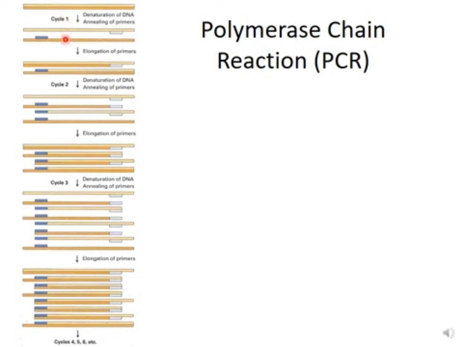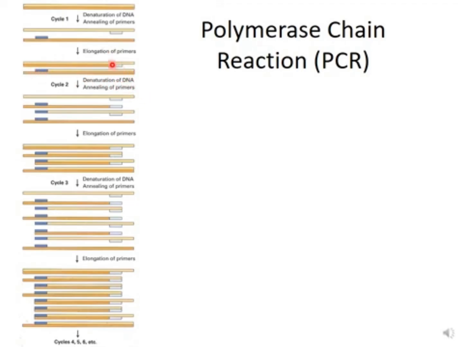Once it's subjected to high temperatures, primers present in the reaction anneal to their complementary sequences in each strand. Afterwards, the enzyme polymerase is going to extend these two primers as it does in the replication process, because if you remember, in DNA replication we mentioned that DNA polymerase only works when it binds to a short DNA or RNA strand, hence the necessity of the presence of a primer.